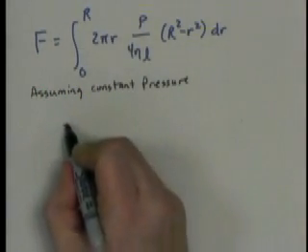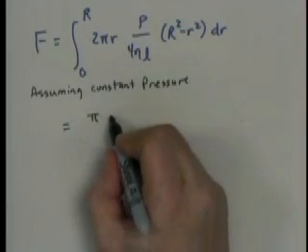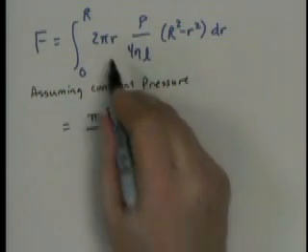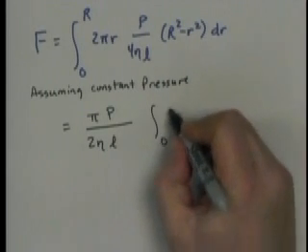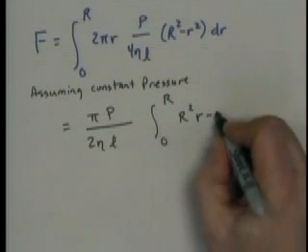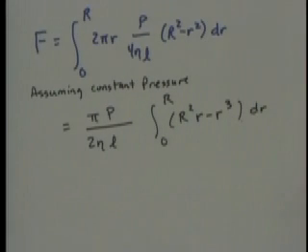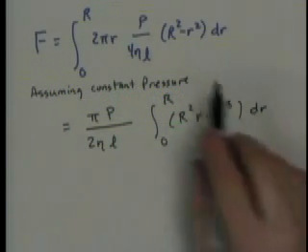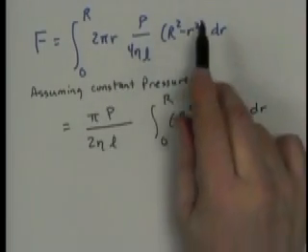So this is going to be pi P over 2 eta L, and then lowercase r times uppercase R squared, and lowercase r times lowercase r squared.